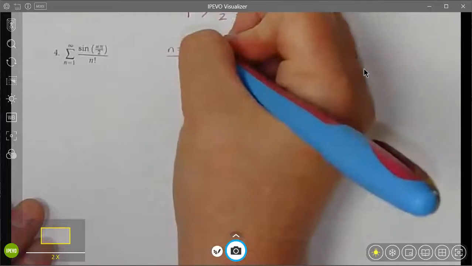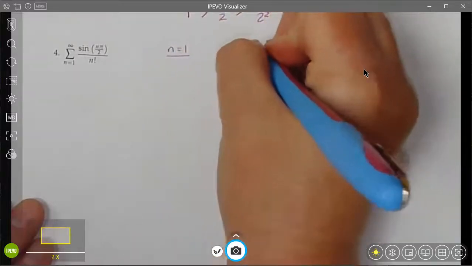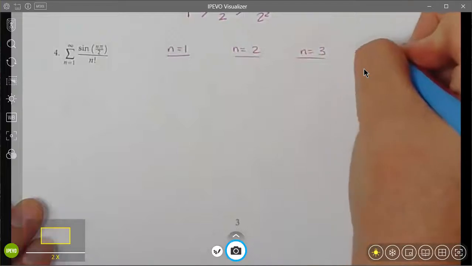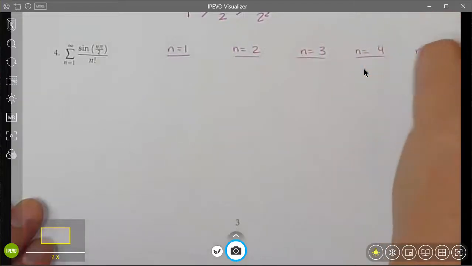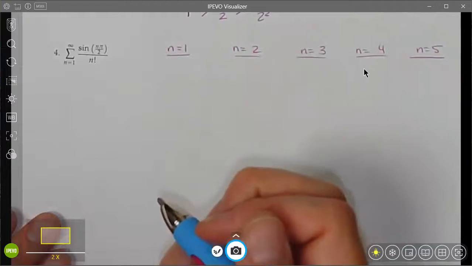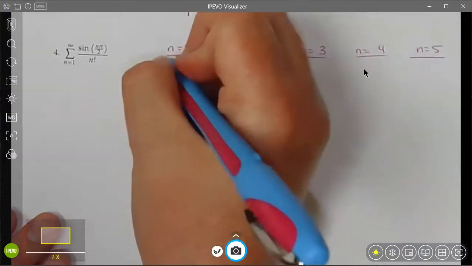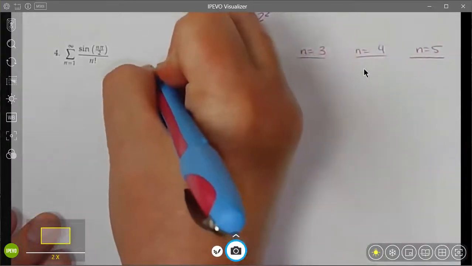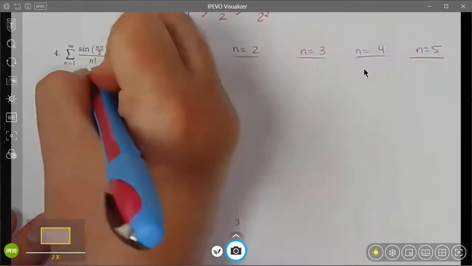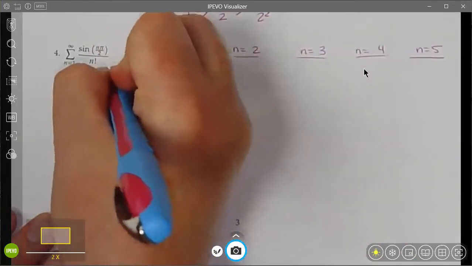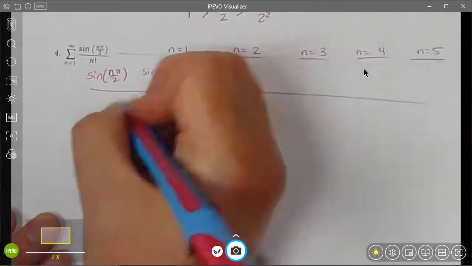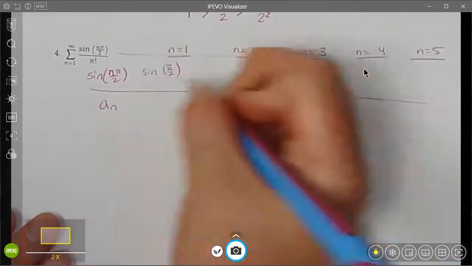So I'll do n equals 1, 2, 3, 4, and 5. Okay. So when n equals 1, I have sine of pi over 2. I want to do a line that's sine of n pi over 2, so I can figure out what that is, and then a line that has the terms, which we'll call the a sub n.